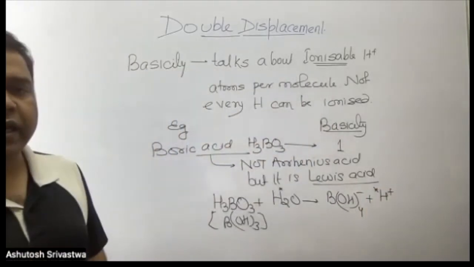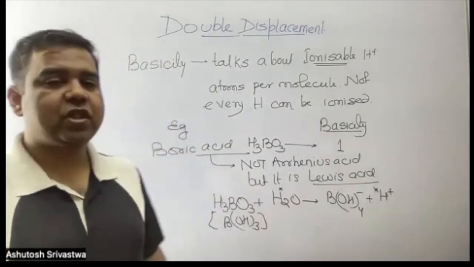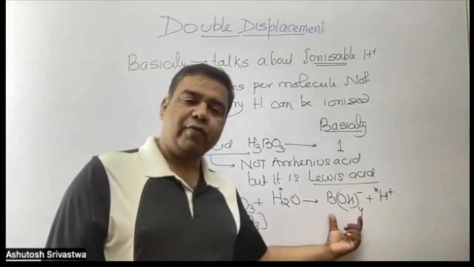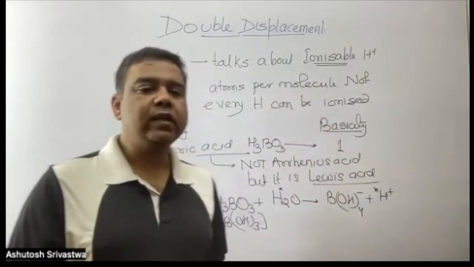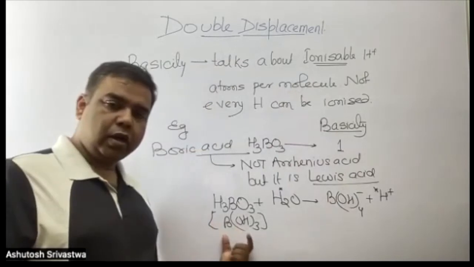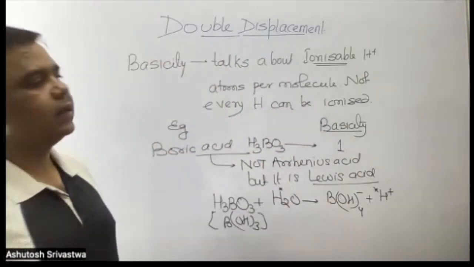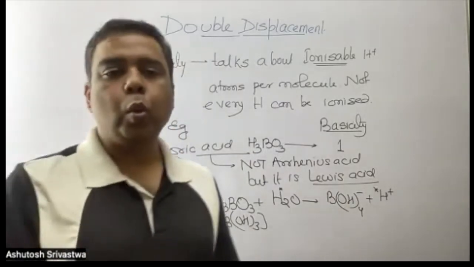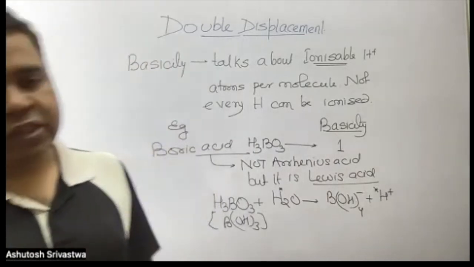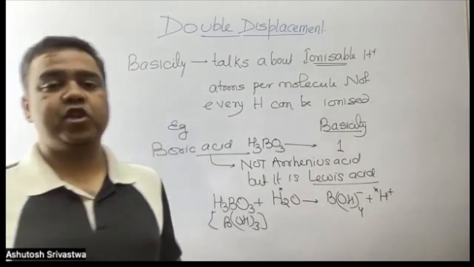Boric acid is not going to give its own H. It takes OH from the water and the remaining H is left alone. That is why one molecule gives 1 H plus, and the basicity of boric acid is taken to be only 1. It is not considered an Arrhenius acid. That is a very, very important point for the examination also.